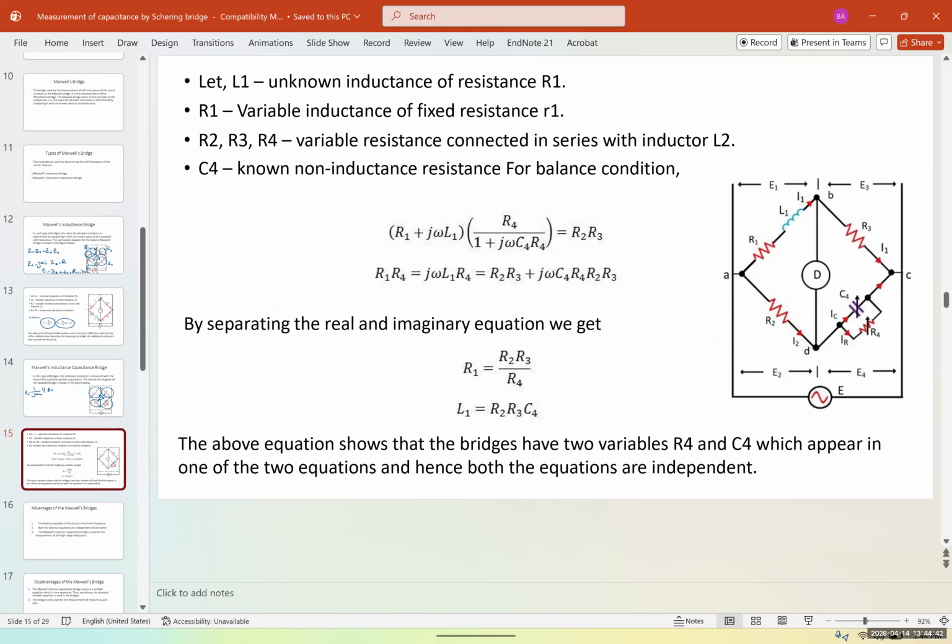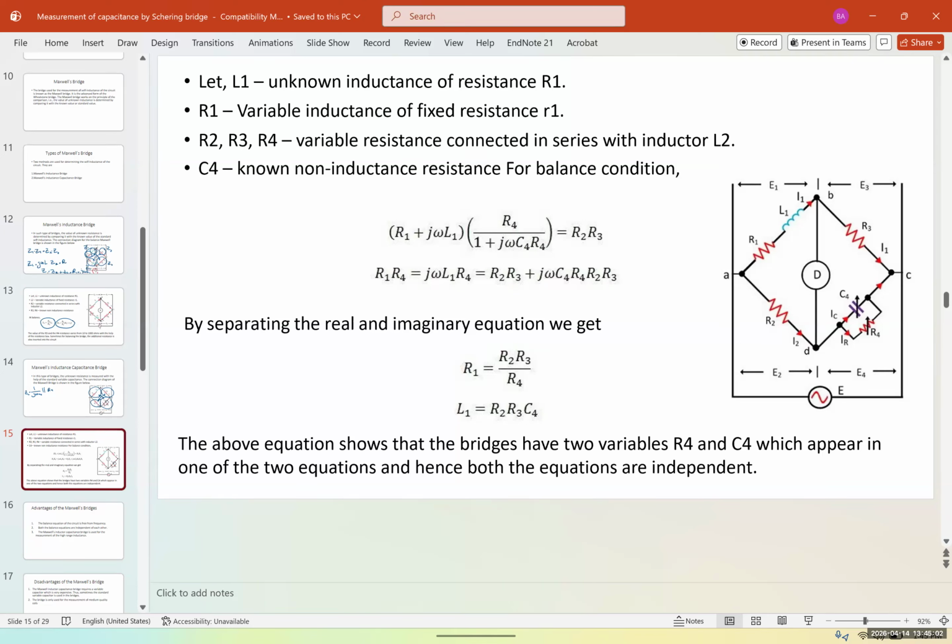Now, if we simplify that, L1 is the unknown inductance of a resistance R1. R1 is the variable inductance of a fixed resistance R1. R2, R3, R4 are variable resistances connected in series with inductor L2. And C4 is a known non-inductive capacitance for balanced conditions.